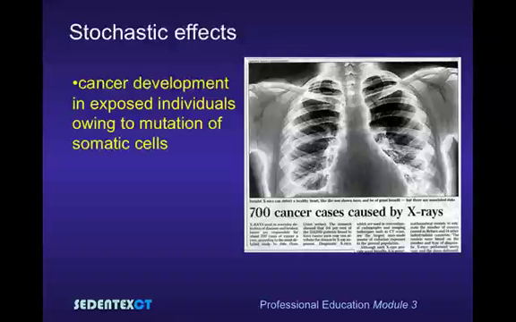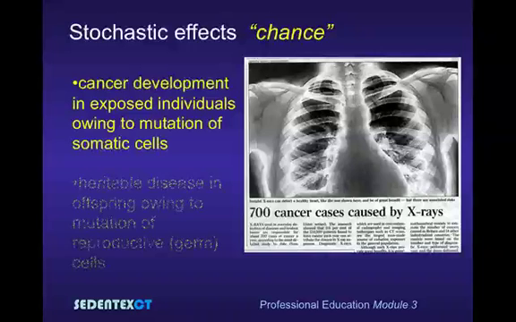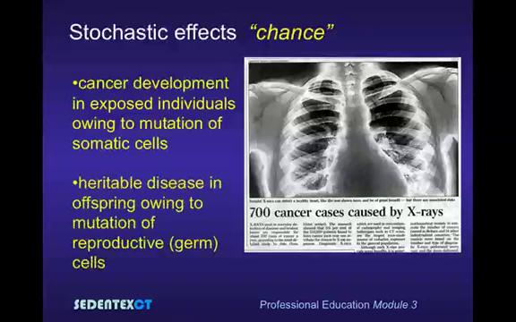Let's turn to stochastic effects, a rather odd term, and in some ways it's easier to substitute the term chance for stochastic. So these are chance effects. This includes two things. First of all, cancer development in exposed individuals because of a mutation of cells in the body, somatic cells. It also includes inheritable disease in the offspring of someone who has been exposed to radiation due to mutation of reproductive cells.